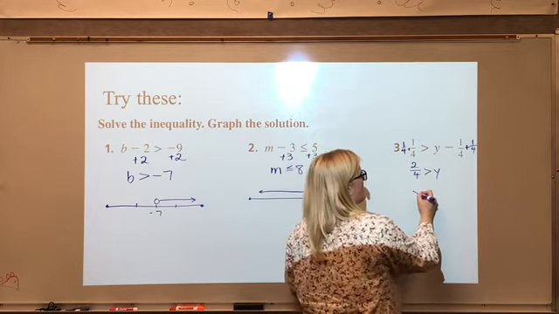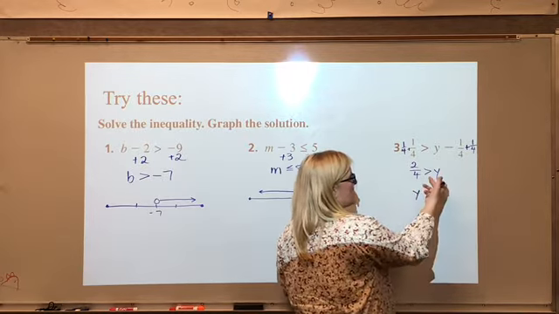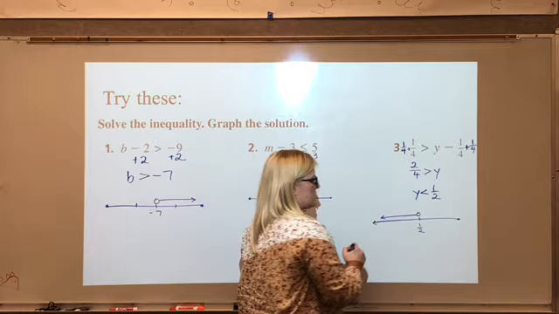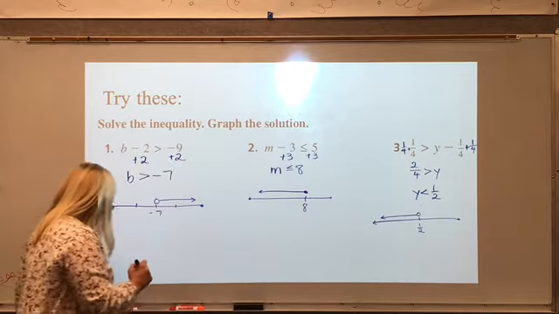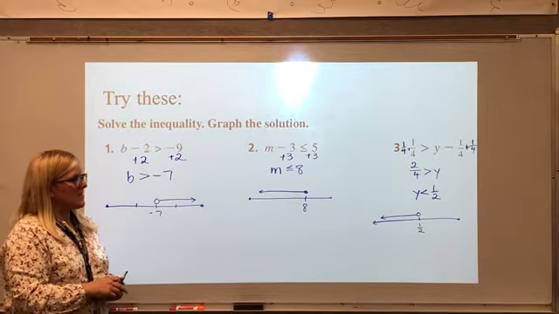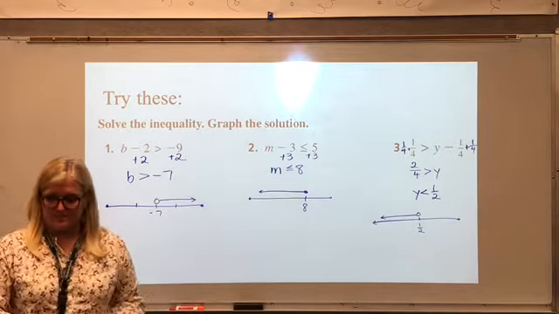Okay, so I have to make sure that if I'm going to flip-flop this, I also need to flip-flop the sign. And 2/4 is 1/2. So if I graph that, I have 1/2, and y is less than that. So it goes like that. Okay, hopefully that wasn't too difficult.